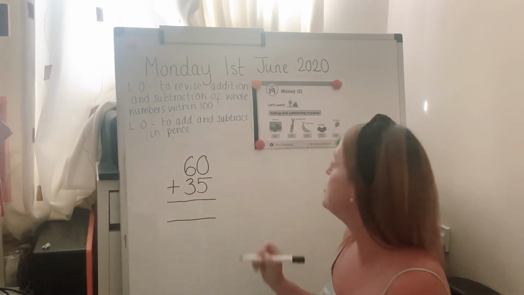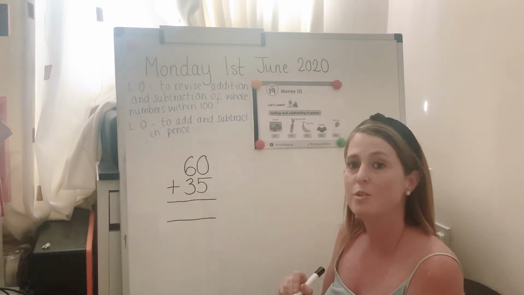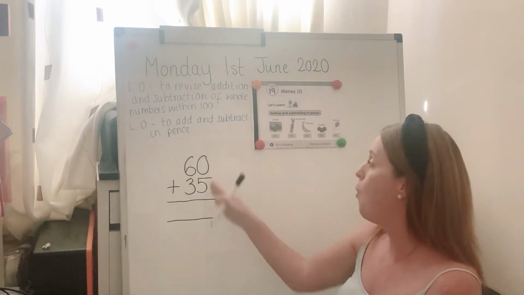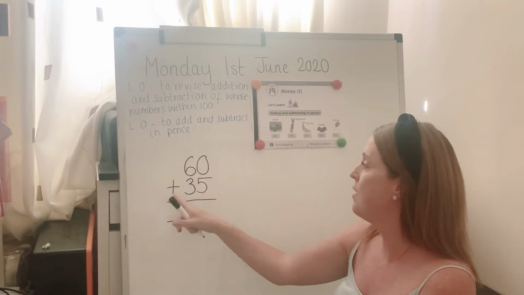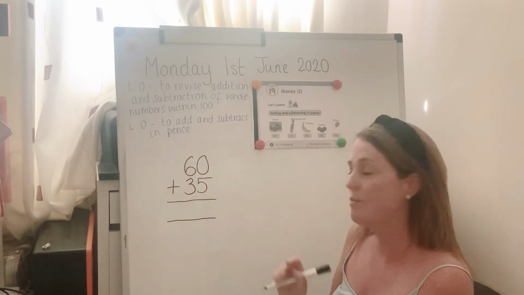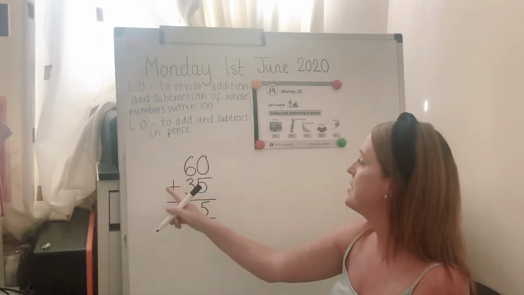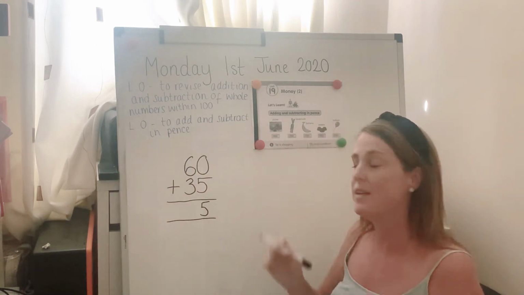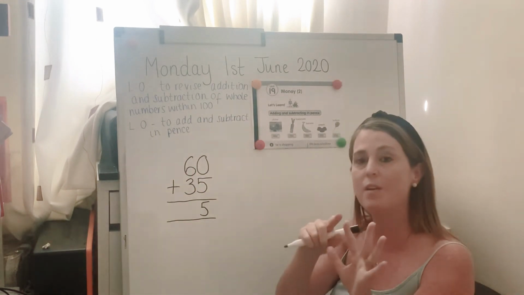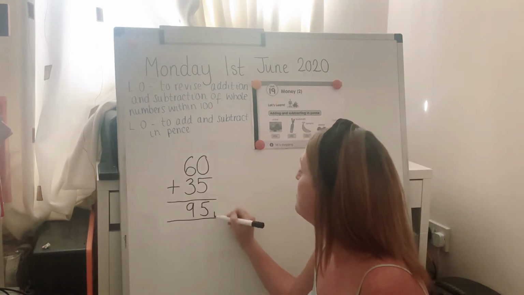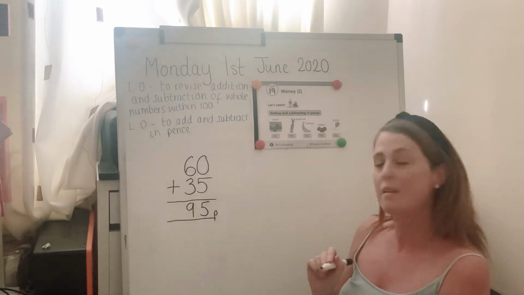So, do you remember how we did addition? We need to look at our ones column first. So 0 add 5 is 5. And 6 add 3, 6 in my head, add on 3: 6, 7, 8, 9. So Mrs. Clements at the shop spent 95p.